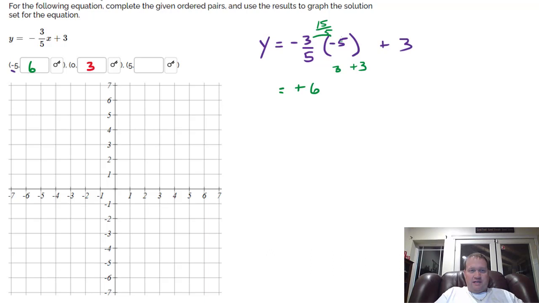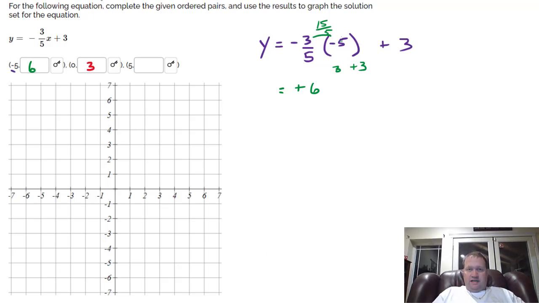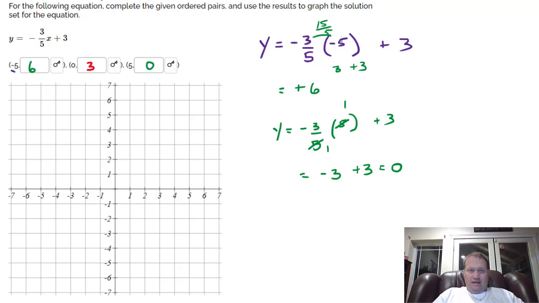So when x was negative 5, y was 6. Again, we're going to do one last problem. y equals negative 3/5, and I'm going to put the positive 5 in there, and then plus 3. Another way to do this is just to divide first. 5 goes into 5 one time. And negative 3 times 1 is negative 3. Plus 3 is 0. So y is 0. When I put a 5 in, I get y is 0.